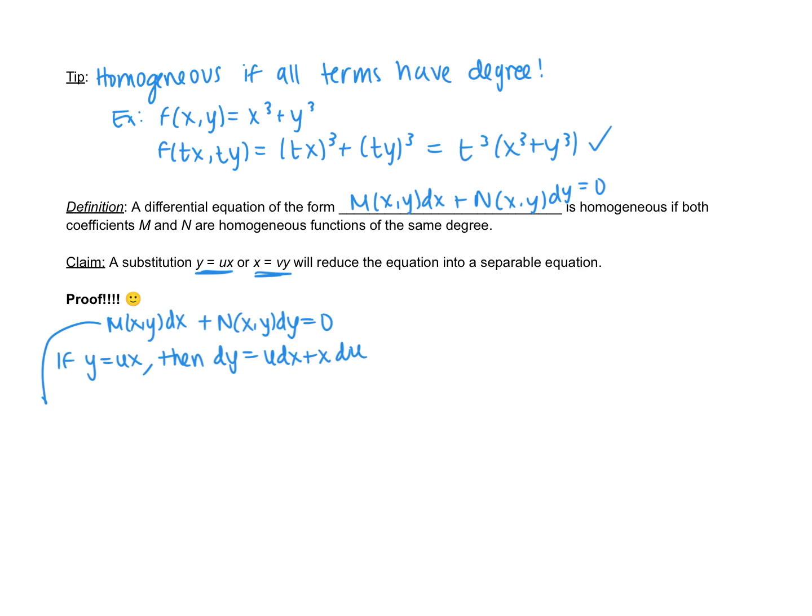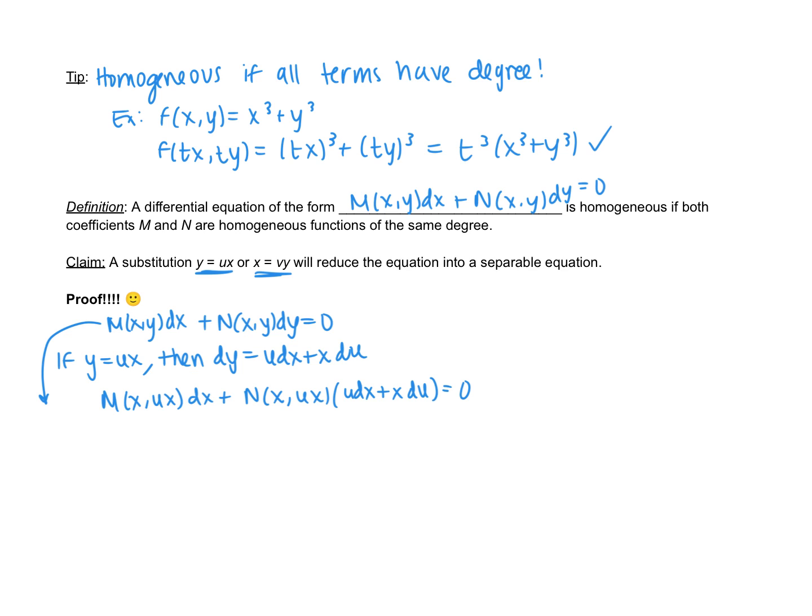So if we substitute, we're going to get M of x comma u x dx add N of x comma u x, and then u dx add x du is equal to 0.